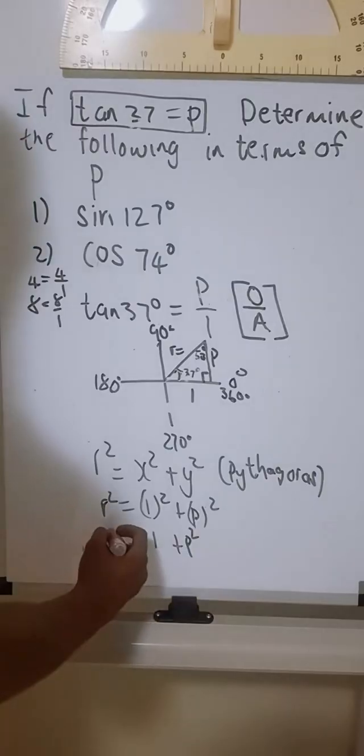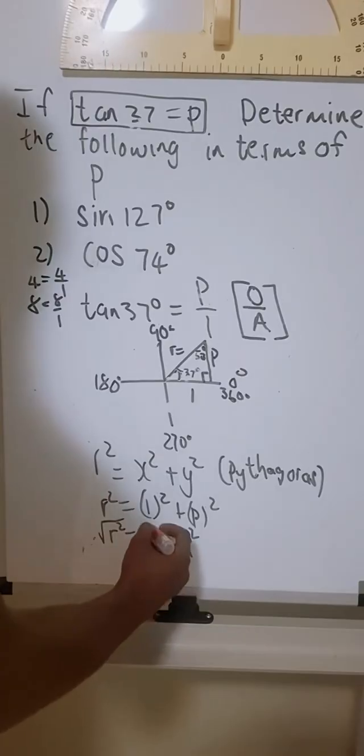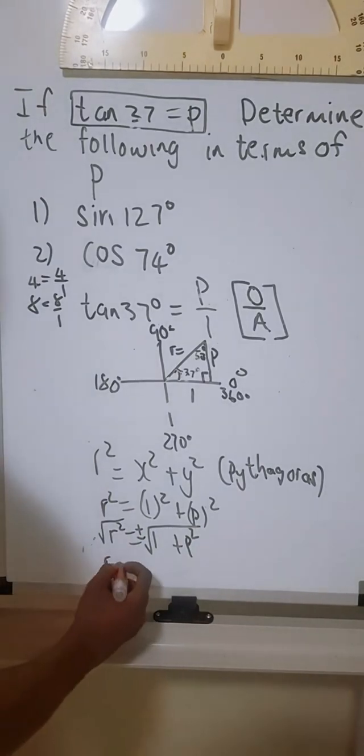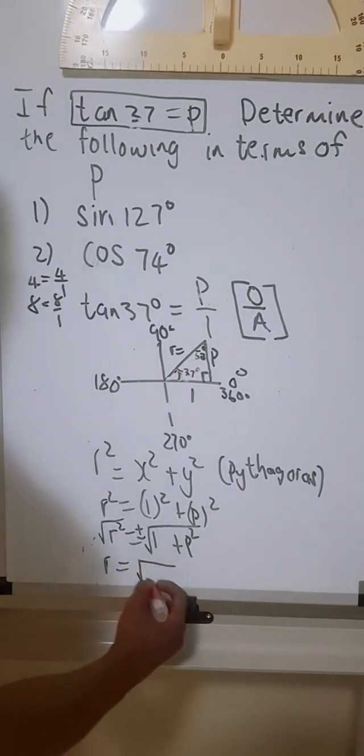P, the whole thing squared, is P squared. We take the square root on both sides and put a plus minus. But fortunately we know our r value can never be negative.